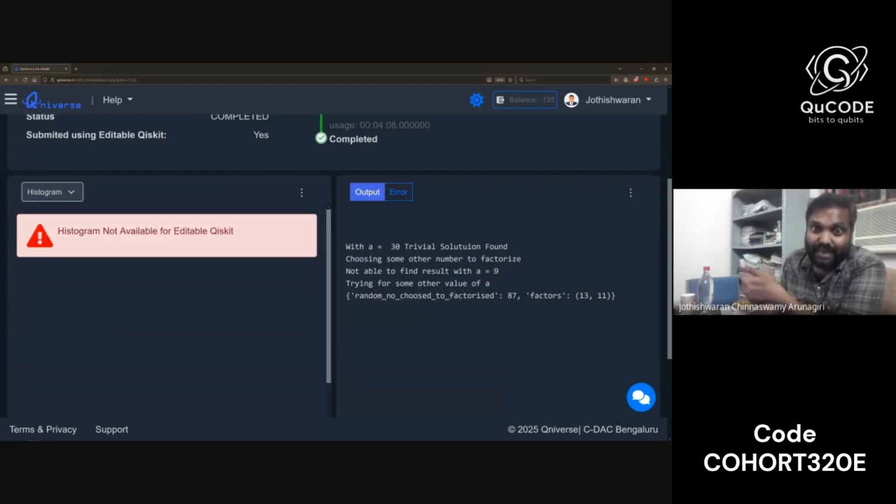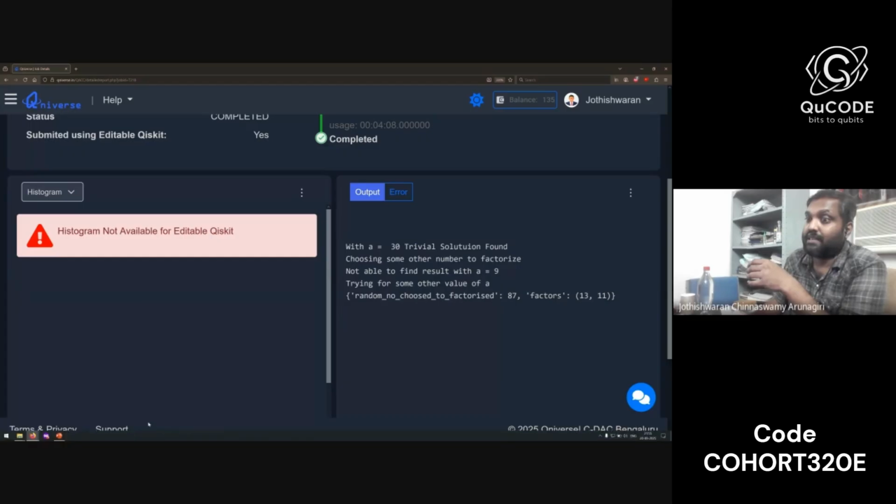For A equal to 9, you will actually get an odd number as the order for 143. So the algorithm failed again. Third attempt, it took A equal to 87. Then it could factor. So Shor's algorithm is not a guaranteed success algorithm. We need to find a proper A.